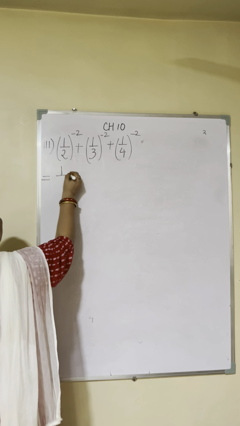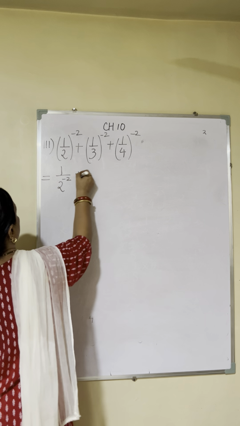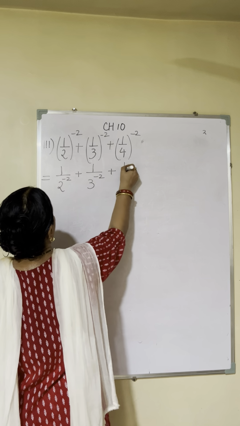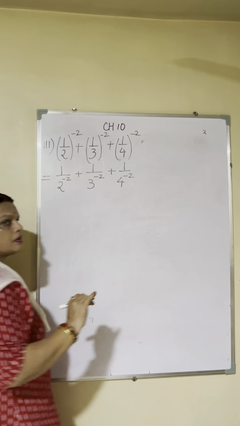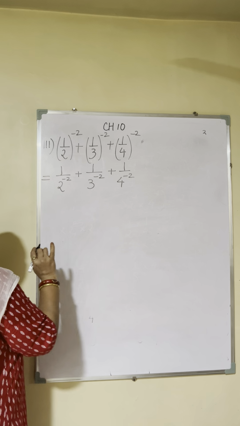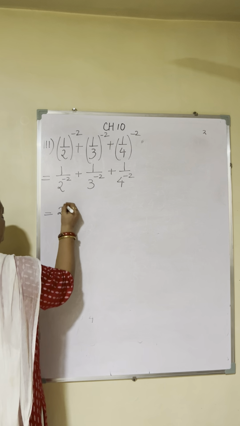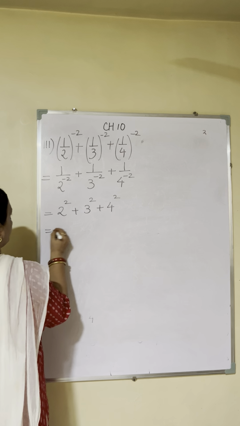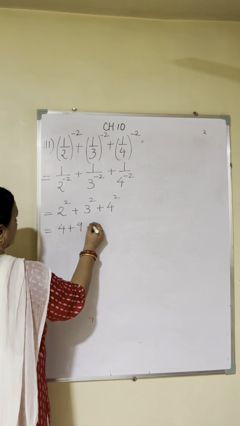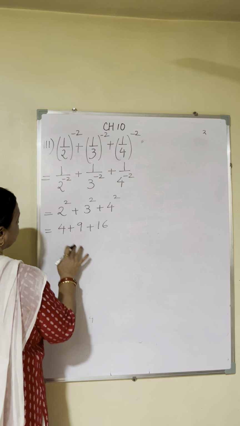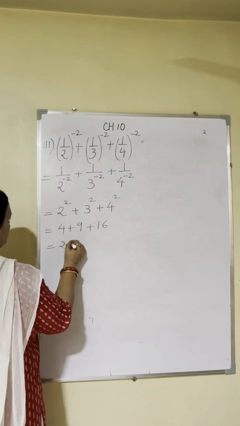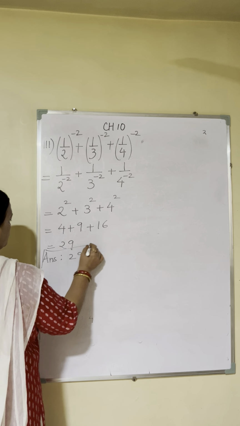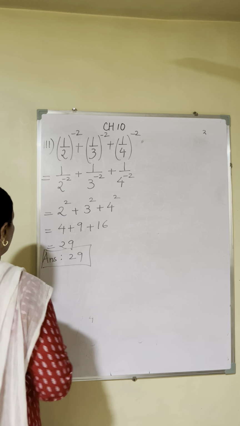First step, I'll give the powers. Now I'll make it positive. Place will change. Now tell me what is 2 square? 4. 3 square? 9. 16. Add. The answer is 20. Make a habit of writing the answer. It makes a lot of difference.